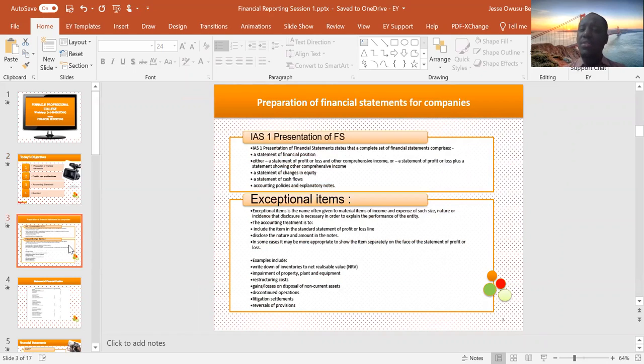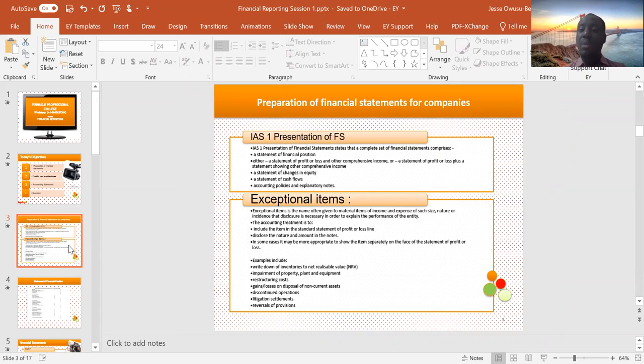In preparation of financial statements, there's one key standard that you need to know, which is IAS 1. IAS 1 talks about the presentation of financial statements, how to present them. It says that a financial statement is complete if it comprises: 1, a statement of financial position, which used to be the balance sheet; 2, a statement of profit or loss and other comprehensive income, which used to be the income statement; 3, a statement of changes in equity; 4, a statement of cash flows; and 5, accounting policies and explanatory notes.